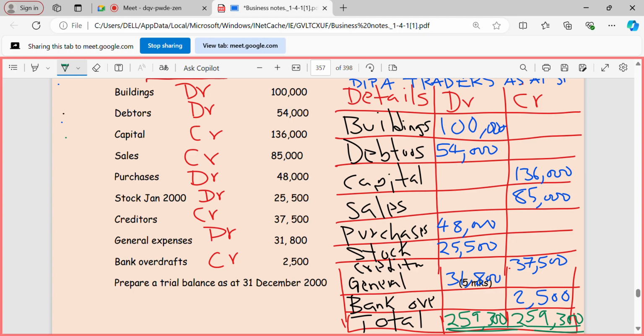Then you double underline the totals. So the totals: is this what all of you are getting? That 259,300. Is it what you are getting?